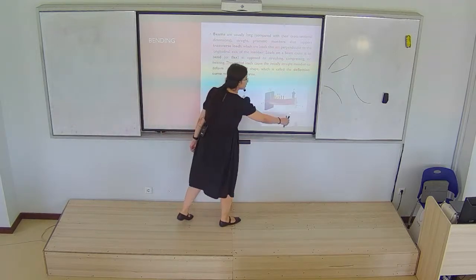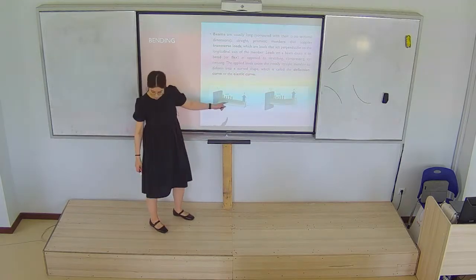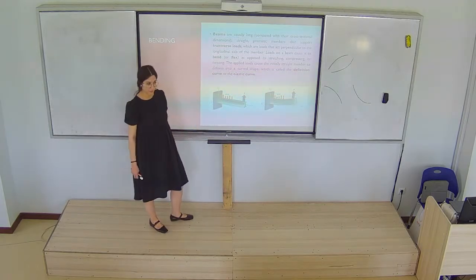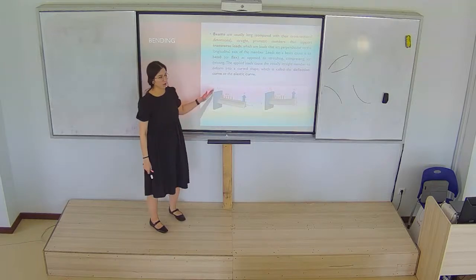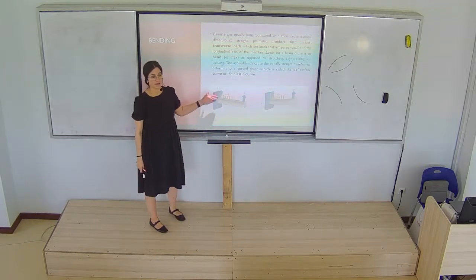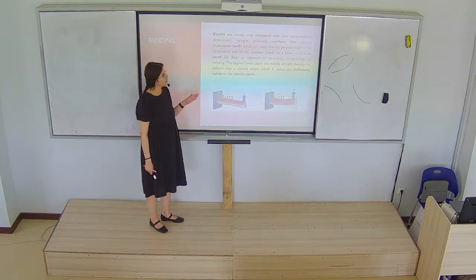Because of this, it's changing. This one we will call bending. What is the name of this beam? Cantilever beam. Why cantilever? Because one side is fixed. If one side is fixed, we call it a cantilever beam. Okay? Bending, did you understand?